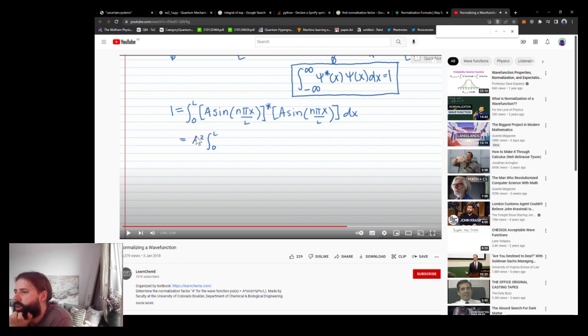Yeah, but if that's a constant, can't this be a complex constant? I thought that could just be complex, right? Why do you just go ahead and square it? I mean, if it's complex, then... So we can pull this out of our integral.